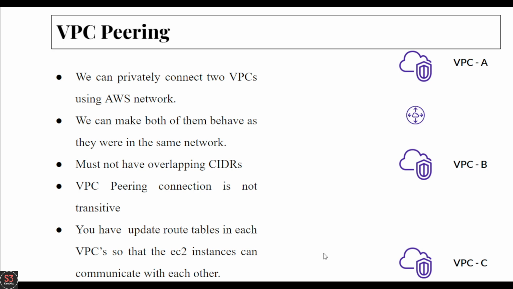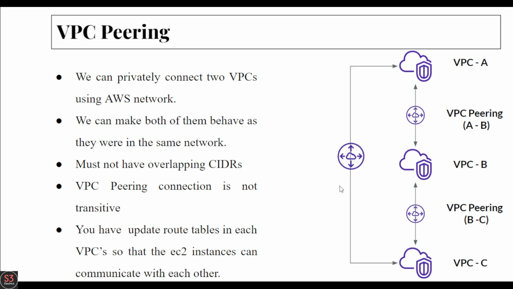So we are going to add a peering connection between A and B, and between B and C. Here is the peering connection between A and B, and here is the peering connection between B and C. Since peering is not transitive, we also have to create a peering connection between A and C.